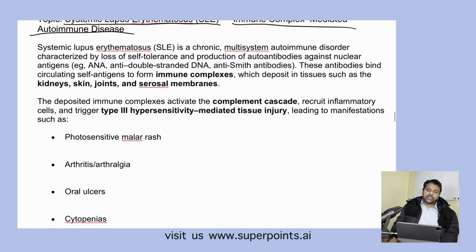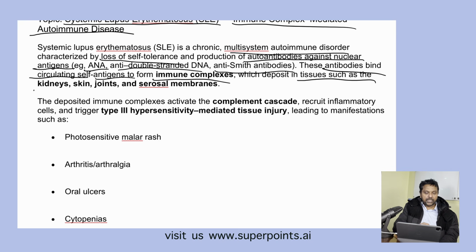The topic here is systemic lupus erythematosus, an immune complex mediated autoimmune disease. Systemic lupus erythematosus is a chronic multi-system autoimmune disorder characterized by a loss of self-tolerance and production of autoantibodies against nuclear antigens: ANA, anti-double stranded DNA, anti-Smith antibodies. These antibodies bind circulating self-antigens to form immune complexes which deposit in tissues such as the kidneys, skin, joints, and serosal membranes.